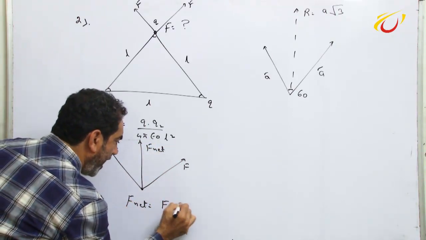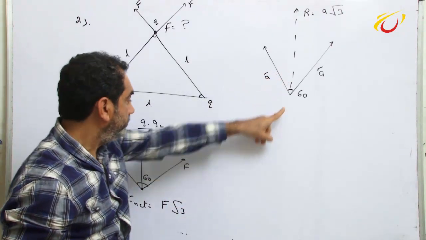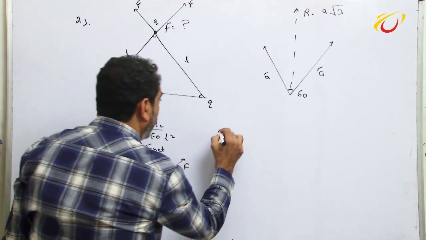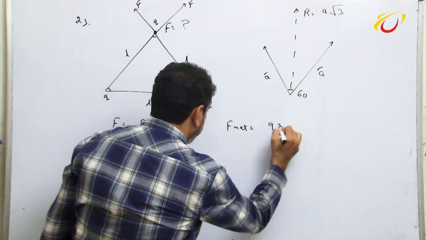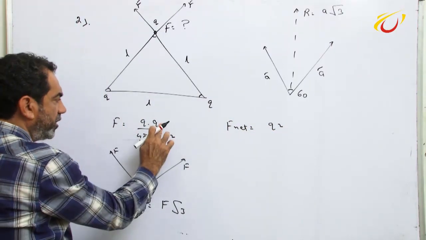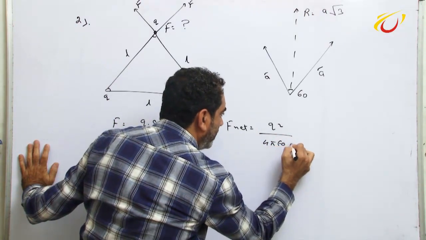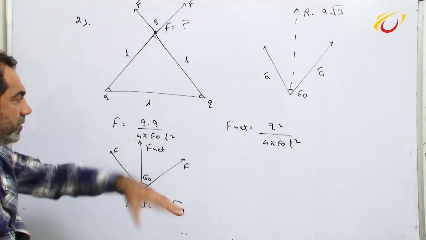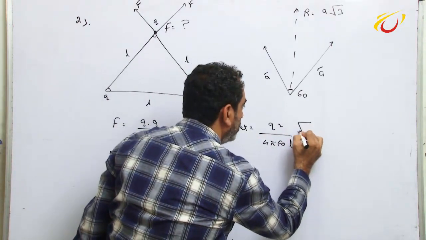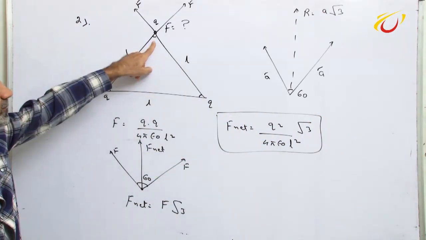F root 3, because the angle is how much? 60. So your F net will be Q square divided by 4 pi epsilon L square, multiplied by root 3. This will be the net force on this.